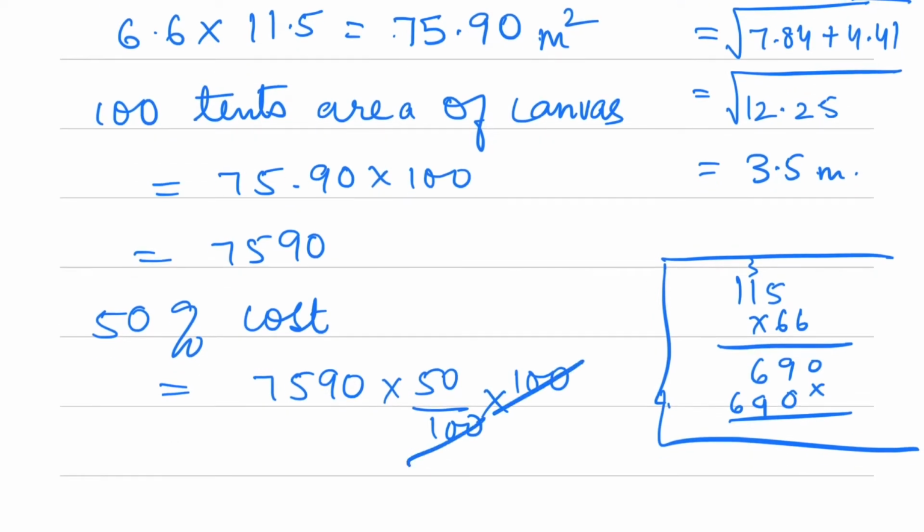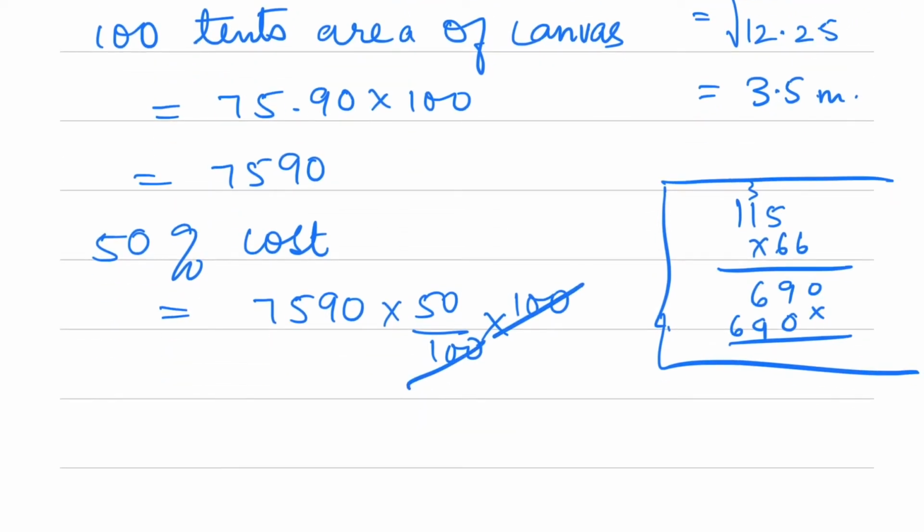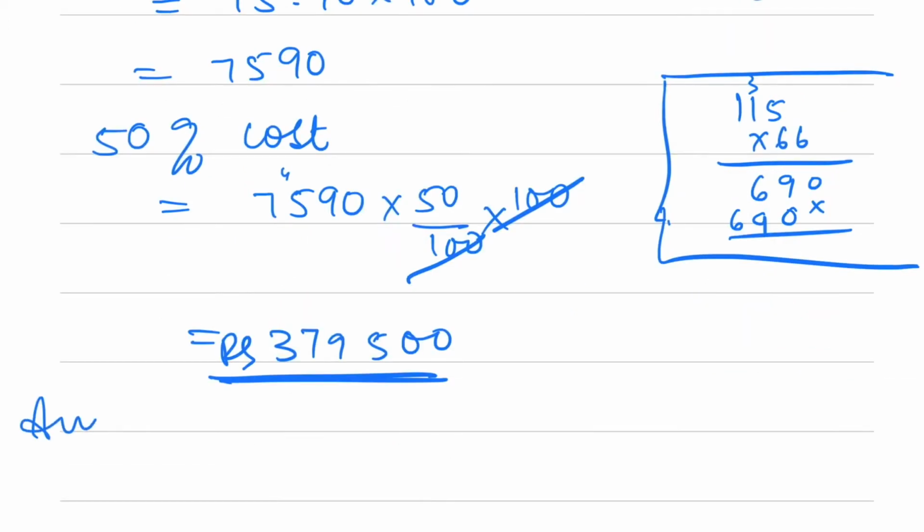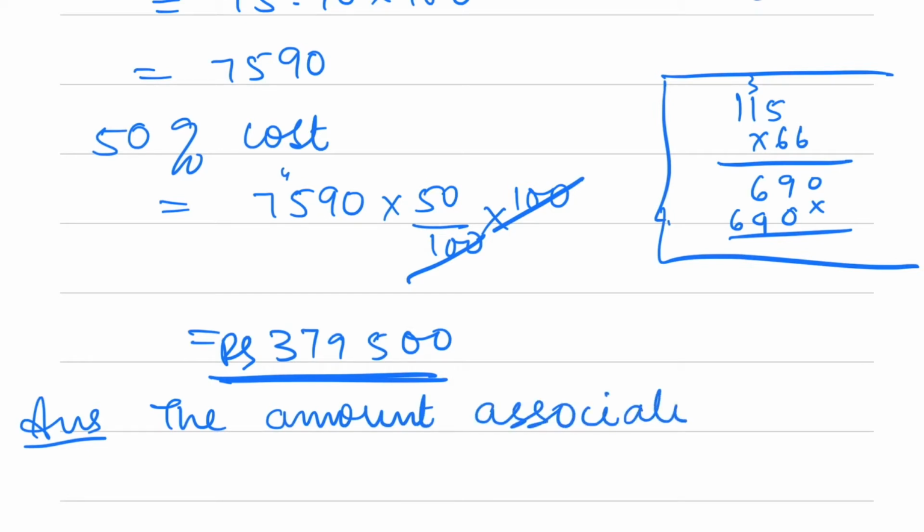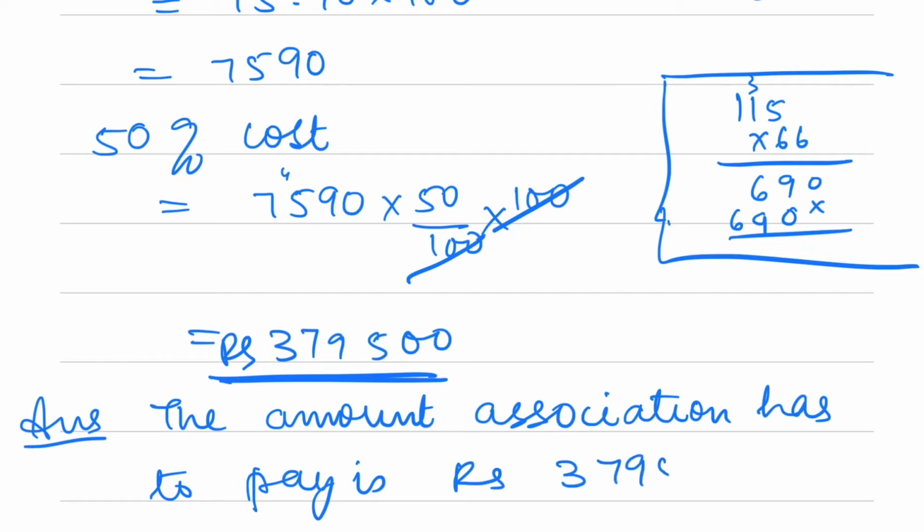This gets cancelled by this. So we have 2 zeros, 45, 25, 29, 237. So this much will be the cost. Answer: the amount the association has to pay is rupees 379500.